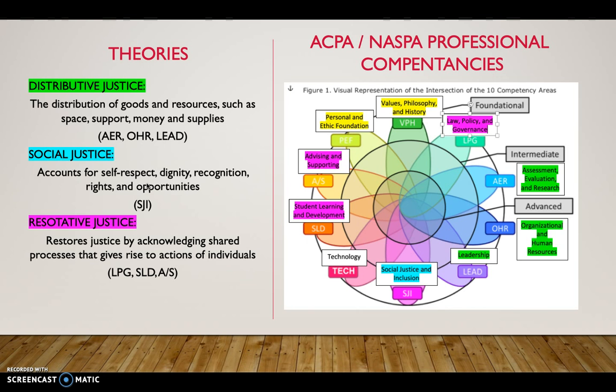I have social justice, which is at the bottom. Social justice is inclusion. And restorative justice, you see in the purple, which is more about student development, advising, and supporting in the law, policy, and governments. Those are the more structural, administrative sides.